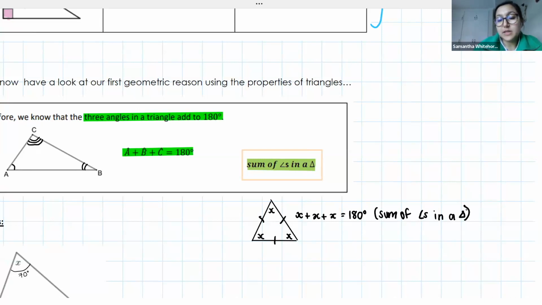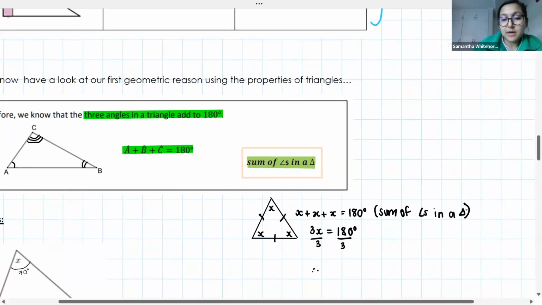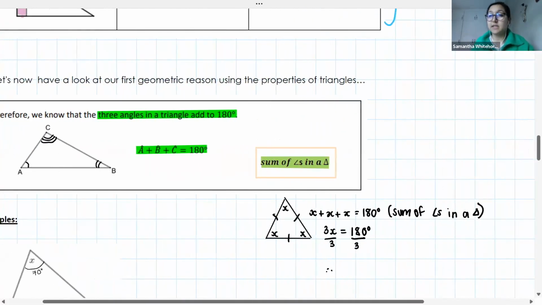Because x plus x plus x is 3x, which is equal to 180 degrees. Remember, we're solving an equation, so we would now divide both sides by 3. And if I say 180 divided by 3, I get 60. Okay, x is equal to 60.